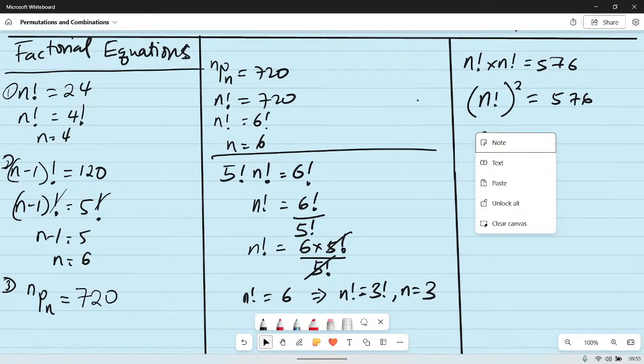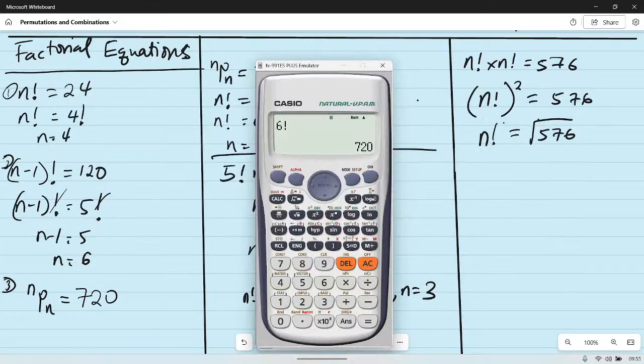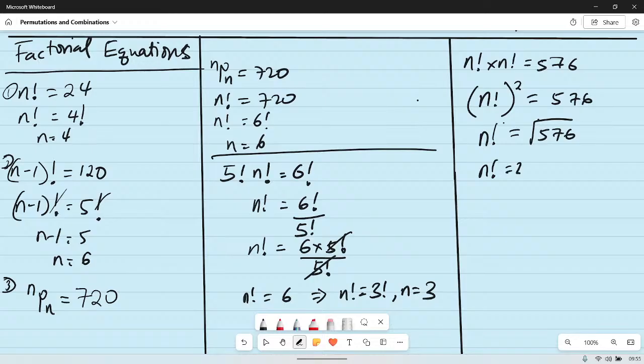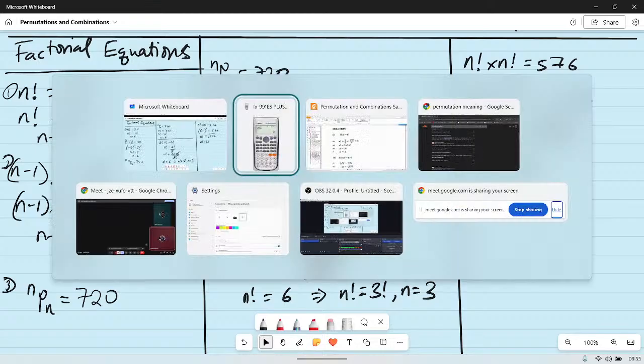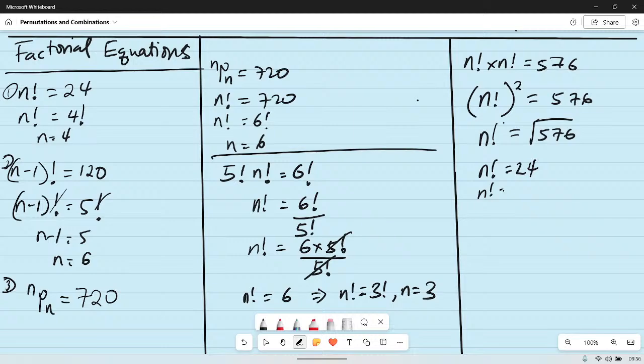So n factorial becomes the root of 576. What is the root of 576? 24. So n factorial equals 24. And what is 24 in terms of factorial? Let's take 4 factorial. N factorial is 4 factorial. N is 4. Are you okay?